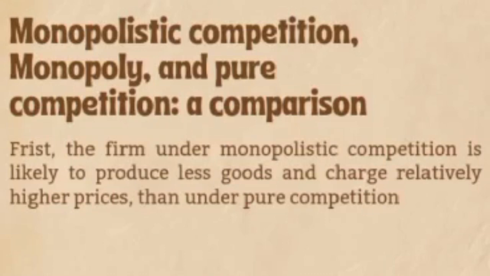Monopolistic competition exists between a monopoly and perfect competition, combines elements of each, and includes companies with similar but not identical products. Restaurants, hair salons, household items, and clothing are examples of industries with monopolistic competition.